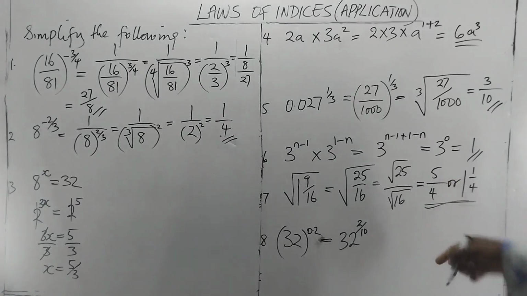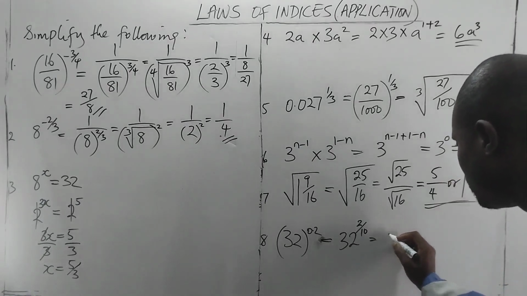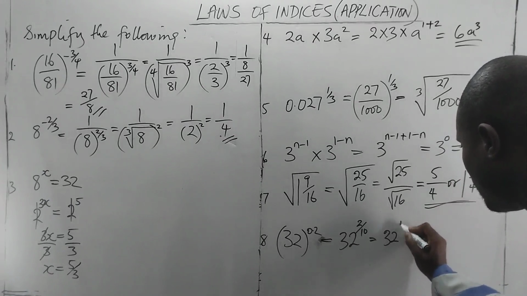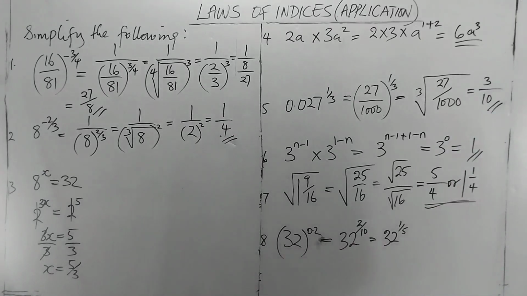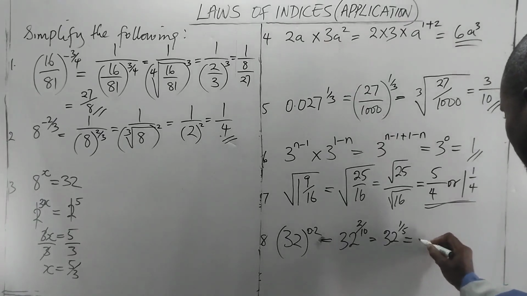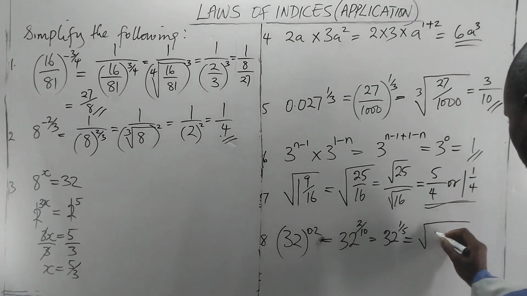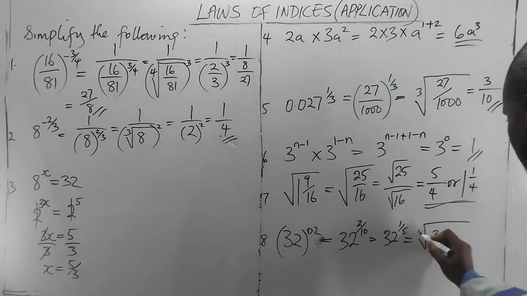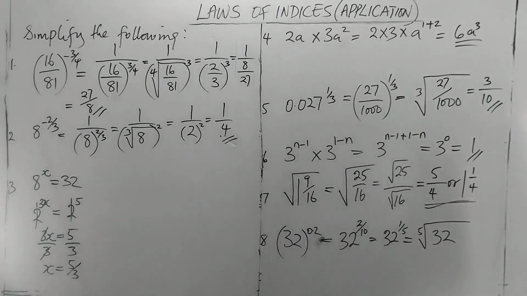And 2 over 10, we can reduce it. It will give us 1 over 5. At this point, you apply the fractional index law. So the fifth root of 32. Of course, the fifth root of 32 is 2. It's only 2 that when you multiply it 5 times, you will get back 32.